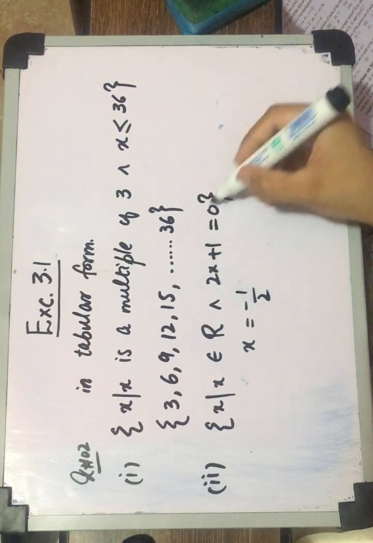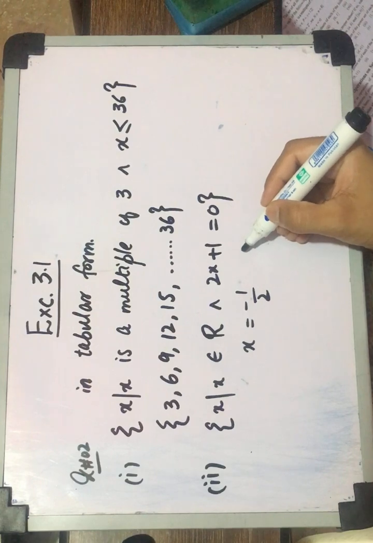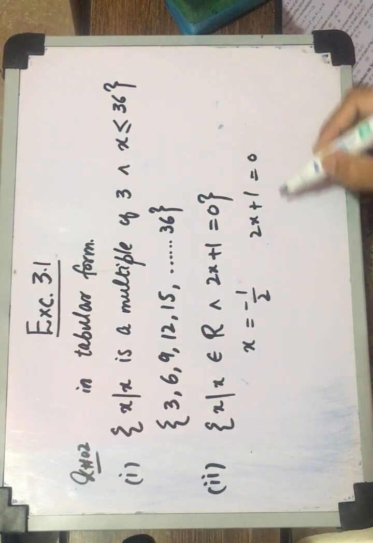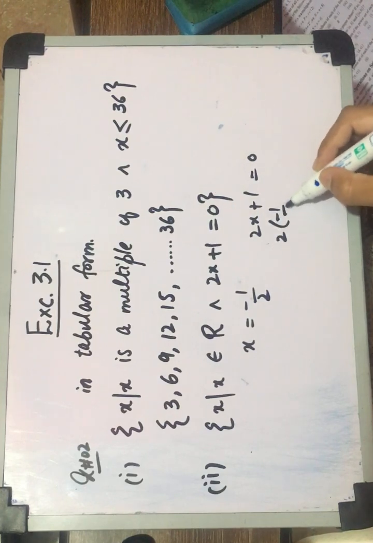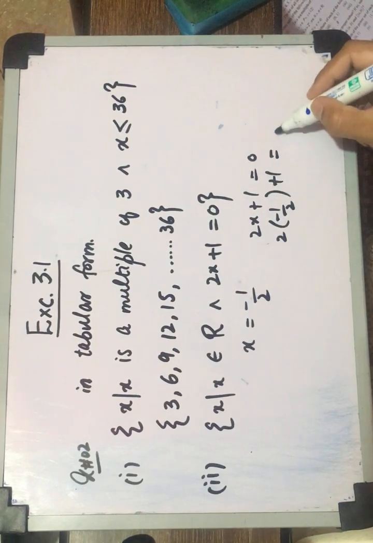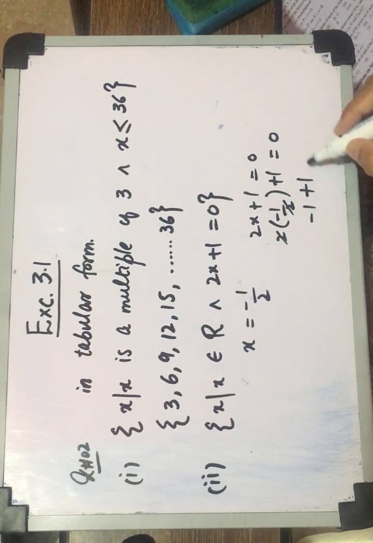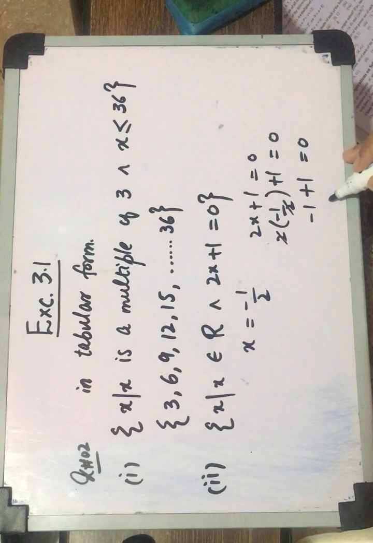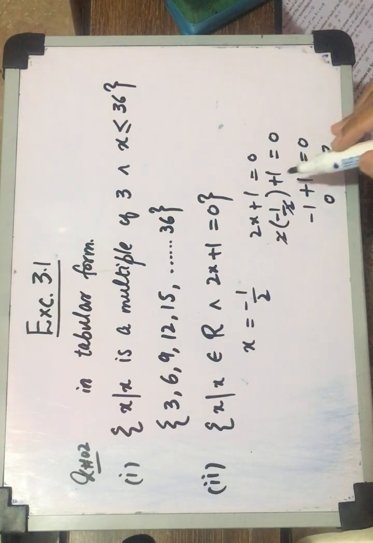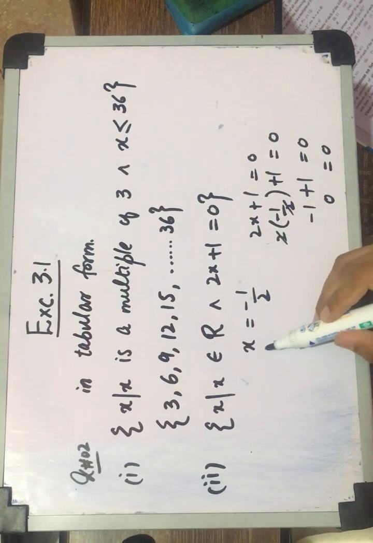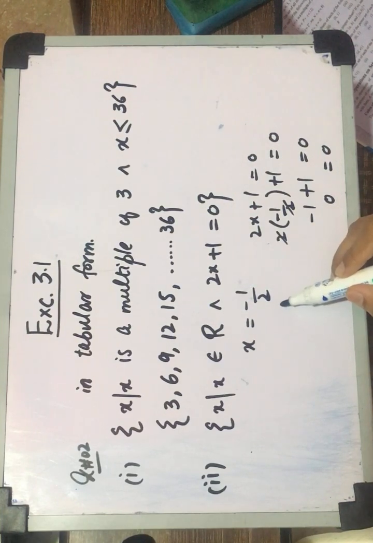Let's suppose 2x plus 1 is equal to 0. If we take x is equal to minus 1 by 2, then we have cancellation of 2 and 2, minus 1 plus 1 is equal to 0, and 0 equals 0. So this equation is satisfied for the element x is equal to minus 1 by 2.